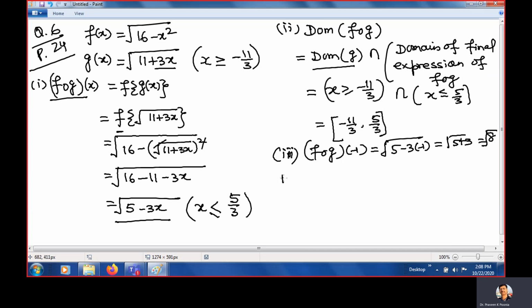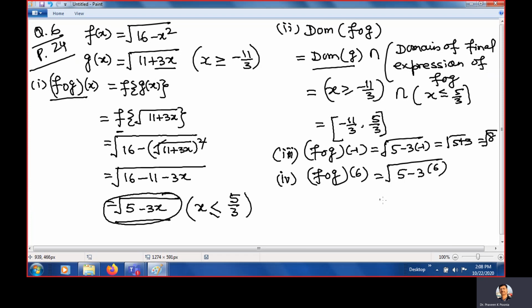This is question number 1. And in another question they have asked f composition g at 6. That means 5 minus 3 into 6, because this is the value of f composition g. So 5 minus 6 into 3 is 18, so the answer is square root of minus 13.